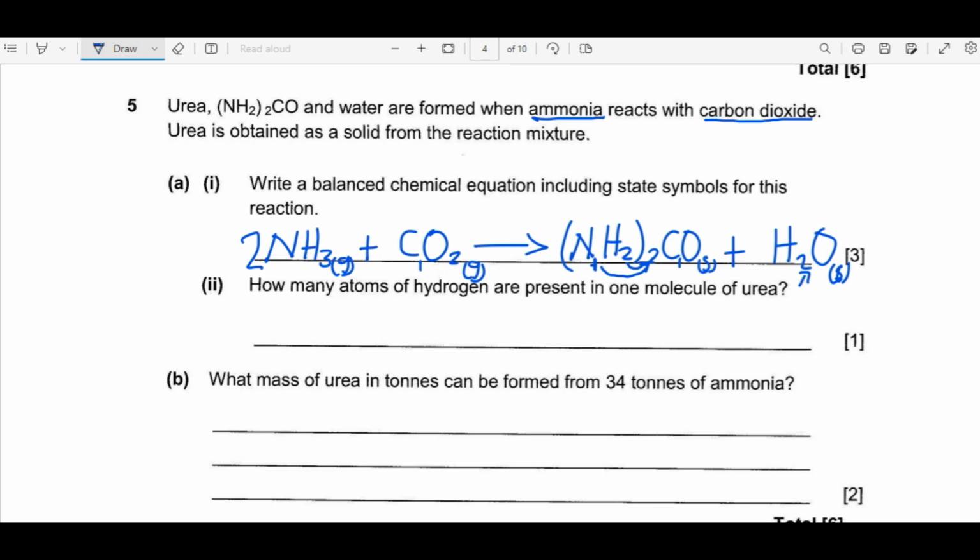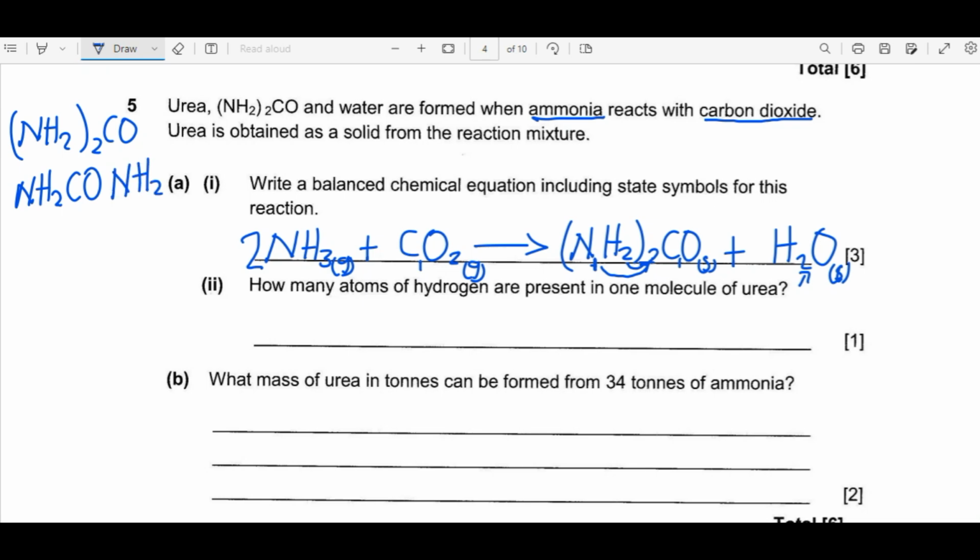How many atoms of hydrogen are present in one molecule of urea? So the chemical formula for urea is given NH2, then enclosed in brackets CO. This formula can also be written as this: NH2 CO, another NH2.